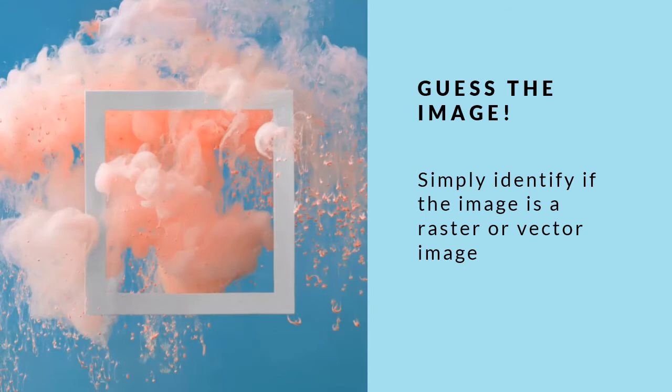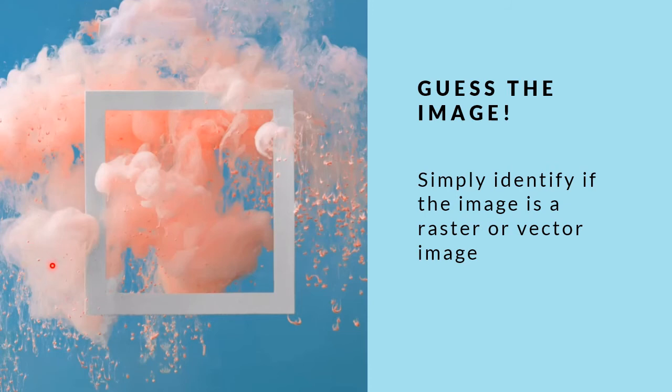Image 1 is a raster image. How do I know this? Since one of the advantages we mentioned of raster image, they consist of continuous tone. See the blending of colors on the powdered pane? Okay.